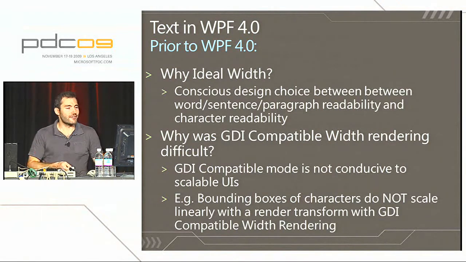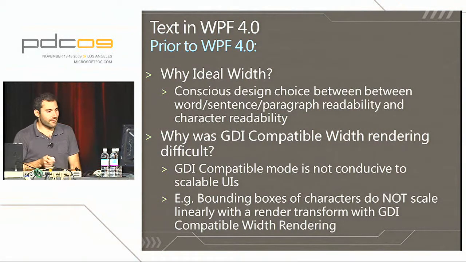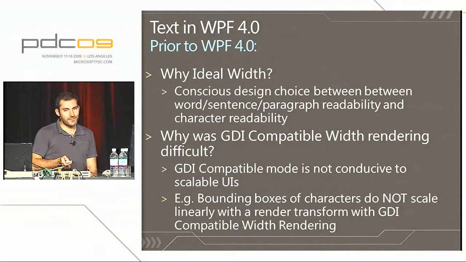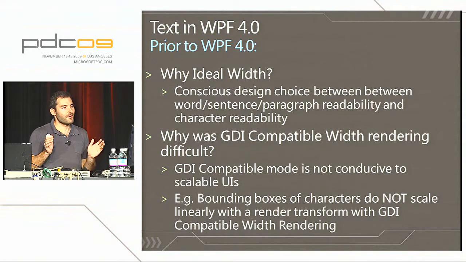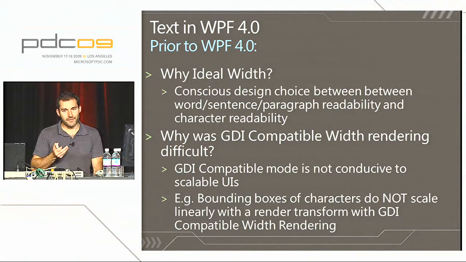So why was ideal width chosen in WPF 3.0? There were a few reasons. The first was that it was actually a conscious design choice because words actually look better in aggregate if you look at them with ideal width layout versus GDI compatible layout. If you look at a flow document, it looks better on the eye. The other reason is that GDI compatible mode is not very conducive to having a scalable UI the way WPF is.